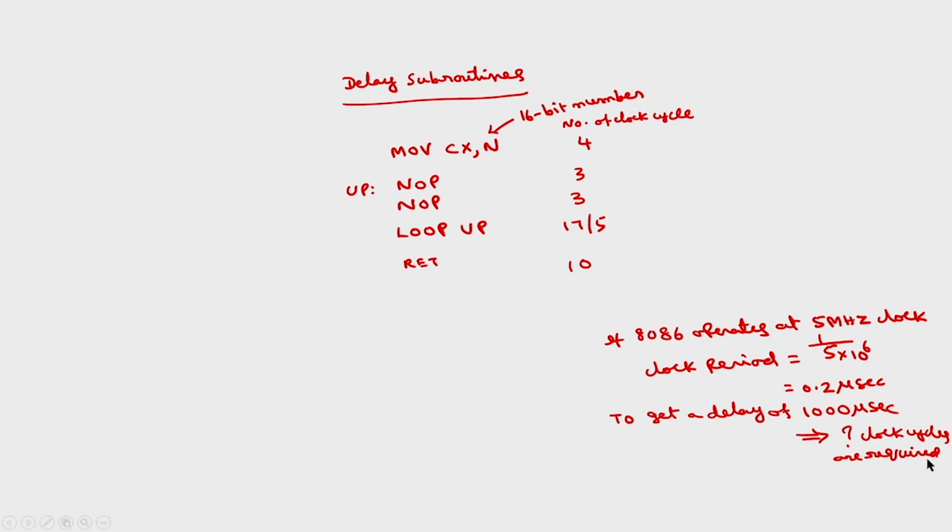So this is 0.2 microseconds per clock cycle. Okay. So for 1000 microseconds, 1000 divided by 0.2, which is nothing but 5000 clock cycles are required.